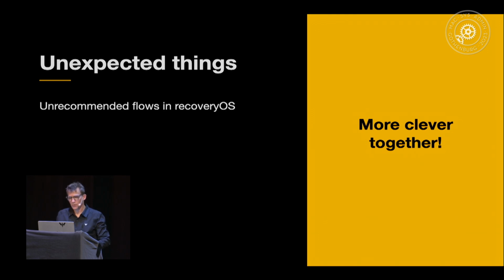So we can be more clever together and come up with really unexpected things, like unrecommended flows in Recovery OS. When I was testing with VMs over and over again, I said not with VMs, with APFS Time Machine backups. I did the trick where Control-Option-Command-T opens terminal.